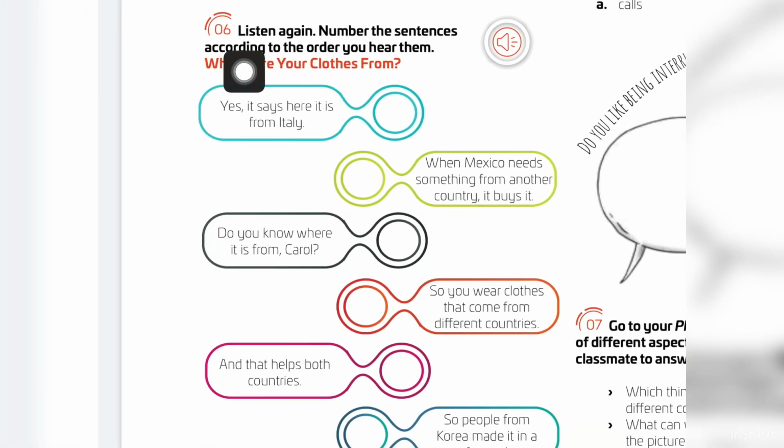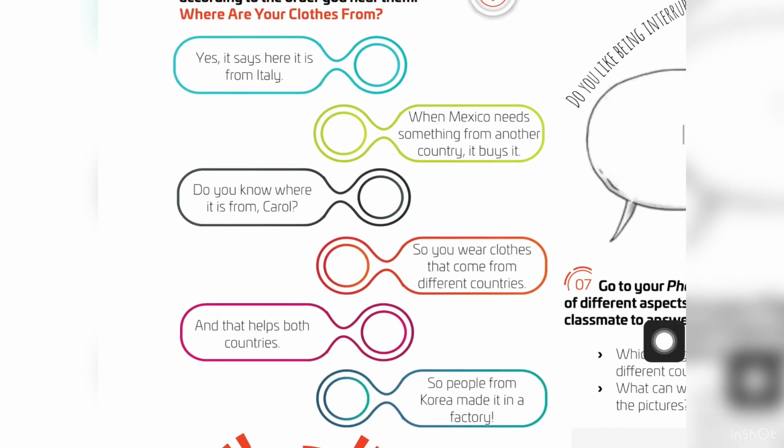Then in point number 6, listen again and number the sentences according to the order you heard them. We have different sentences here. For example, it says, here it is from Italy. When Mexico needs something from another country, it buys it. Do you know where it is from, Carol? You wear clothes that come from different countries, and that helps both countries.